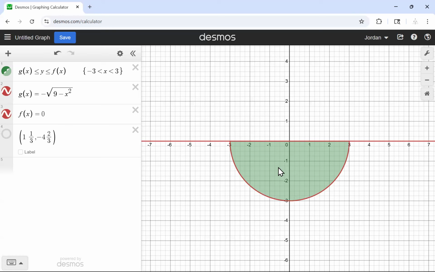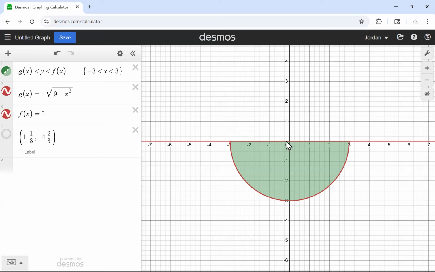I'm anticipating my moment about the y-axis to be 0 because this is balanced. Along that y-axis, there's symmetry along the y-axis. And I'm also anticipating that the moment from the x-axis is going to be closer to 0 than it is to 3 because it's a little bit thicker, closer to the x-axis, and a little bit thinner, closer to x equals -3.